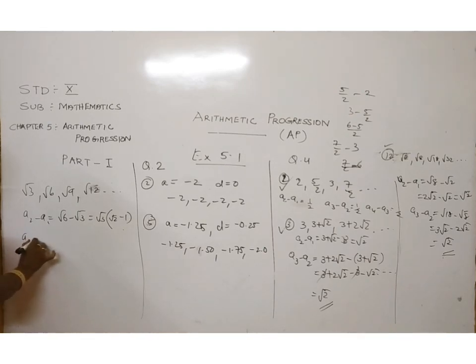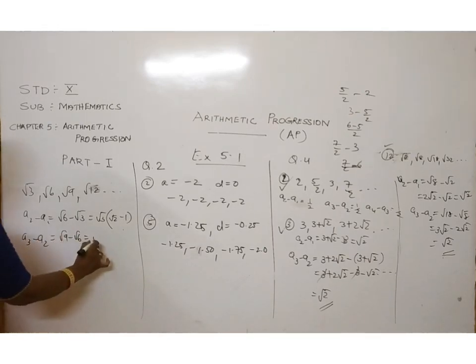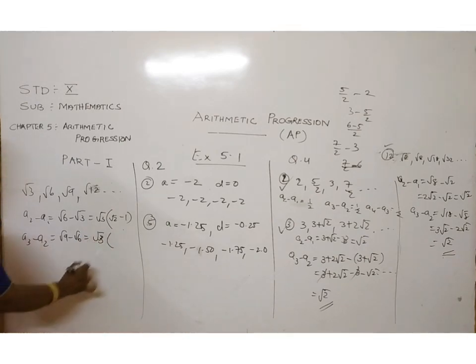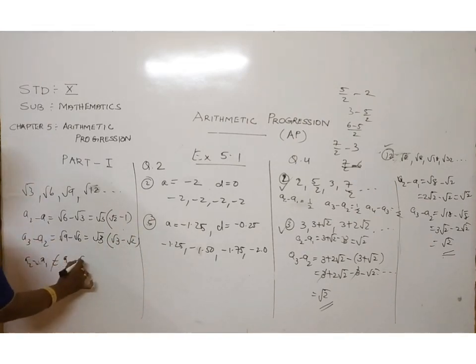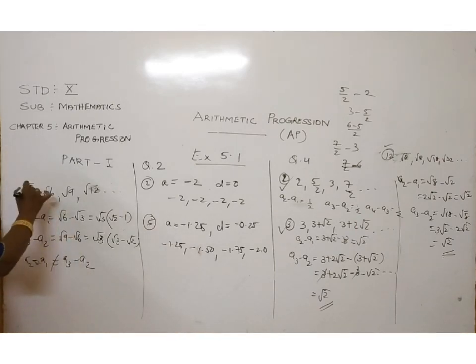Next, A3 minus A2, root 9 minus root 6. Here also you can write root 3 outside. So you will get root 3 minus root 2. Here A2 minus A1 is not equal to A3 minus A2. That means it does not follow an arithmetic progression.